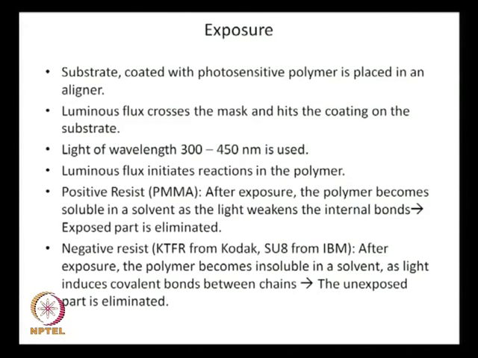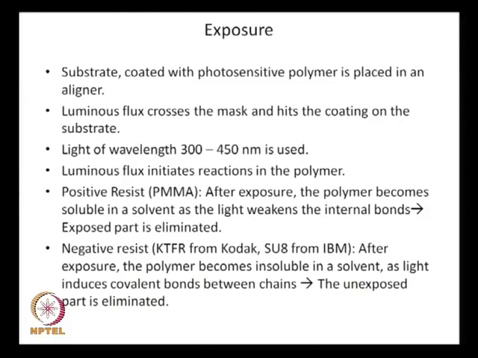The definition of positive resist is that after exposure the polymer becomes soluble in a solvent as the light weakens the internal bonds. So, the exposed part is eliminated. And for negative resist, after exposure the polymer becomes insoluble in a solvent as light induces covalent bonds between chains.